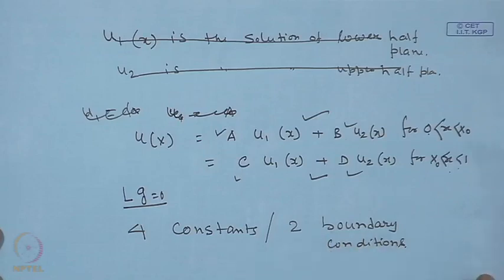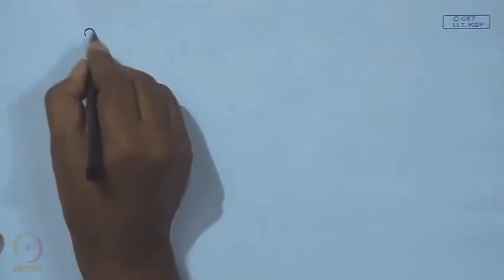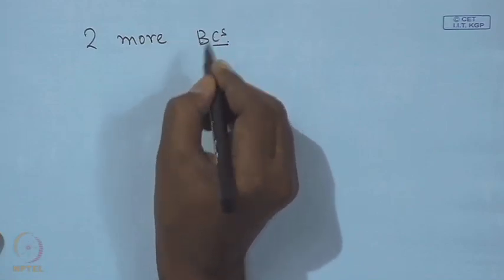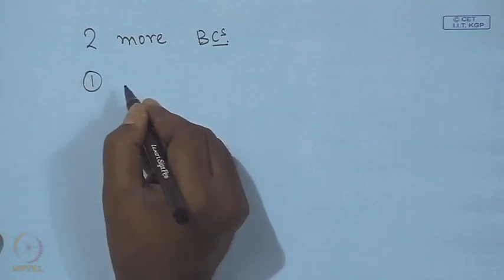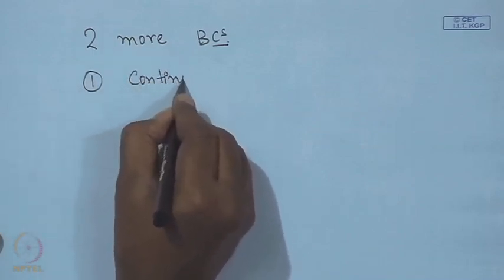Anyway, I will be taking up one example to demonstrate whatever I am saying. So, the remaining 2 boundary conditions we need to find out. The first extra boundary condition will be continuity of Green's function.